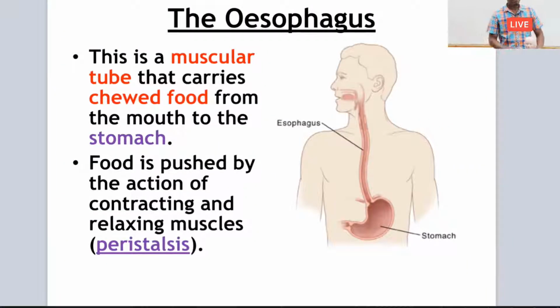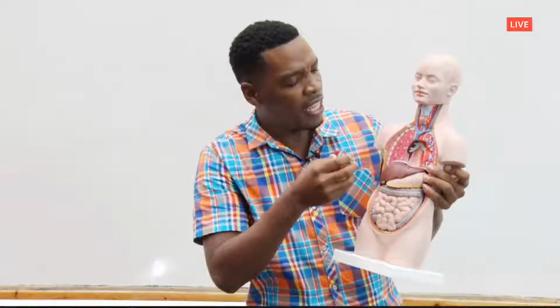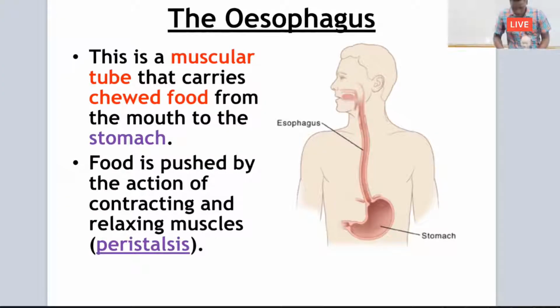So let's take a look at our esophagus now. The esophagus is the muscular tube that carries chewed food from the mouth down to the stomach. You're going to ask yourself, how come the food goes down the esophagus?